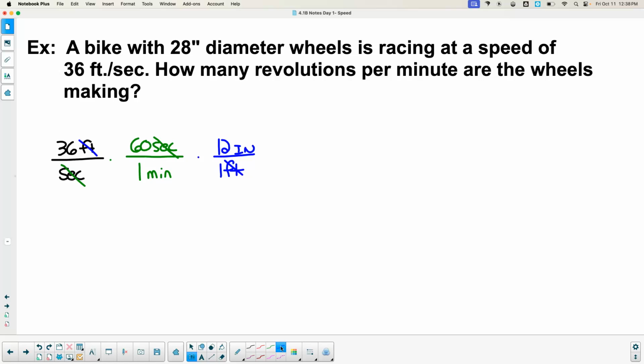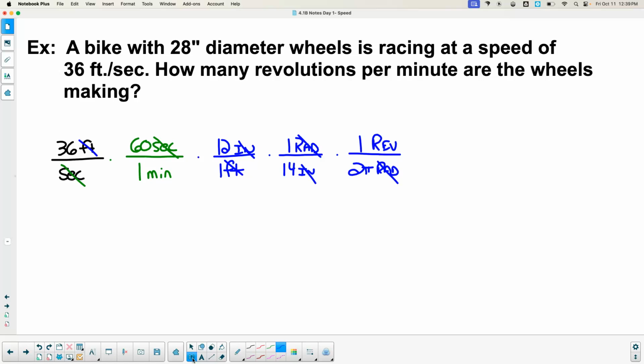Now I can say that 14 inches is 1 radius, which means it's 1 radian. So now I'm in radians per minute. Then I can say, correction, I can say that 2 pi radians is 1 revolution. And now I'm in revolutions per minute.